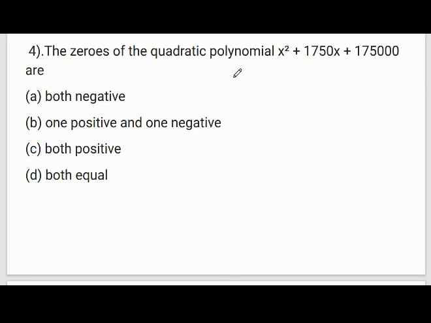We have seen here that the coefficient of x square is a, the coefficient of x is b, and the constant term is considered as c, and if a is greater than 0, b is greater than 0 and c is greater than 0, then both the zeros are negative. So option A will be correct.